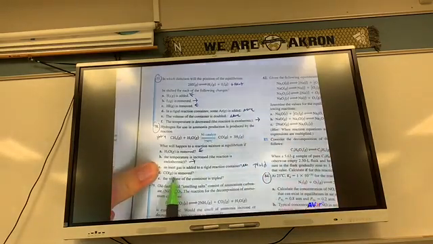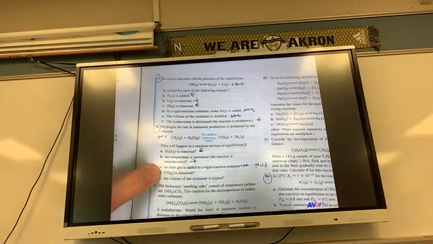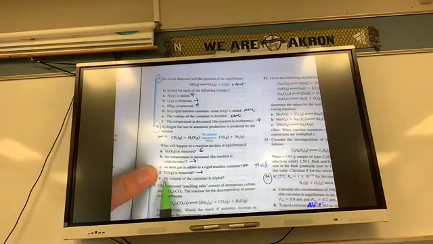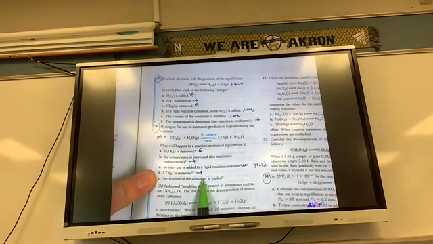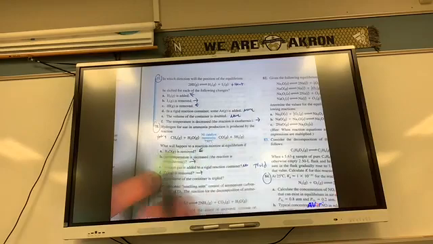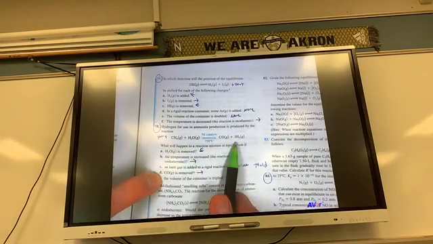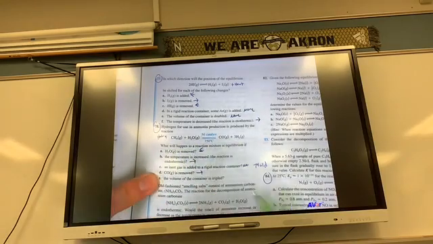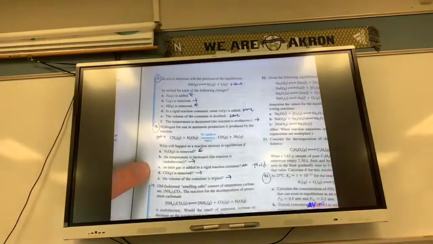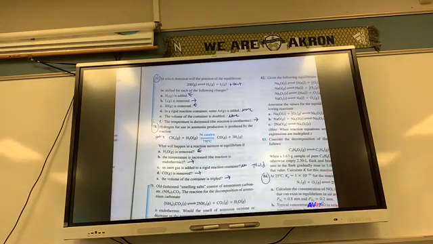CO gas is removed. I'm removing product, so that's going to be right. Volume of the container is tripled. That means the pressure is going down to a third. So it's going to shift to the side with the most moles of gas, 3, 4, 2. So it's going to shift to the right. That is up to 78.